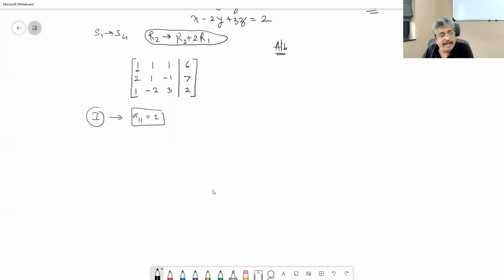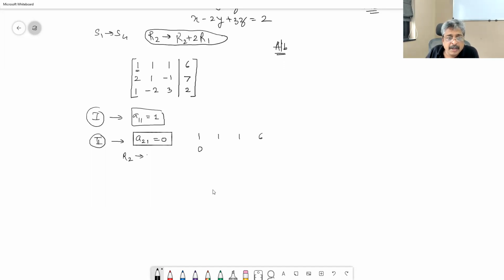Now step number 2: make A21 equal to 0. If I want A21 to be 0, I don't want to change my first row, 1, 1, 1, 6. You want the second row's first number to be 0. So what is the transformation that you are doing?